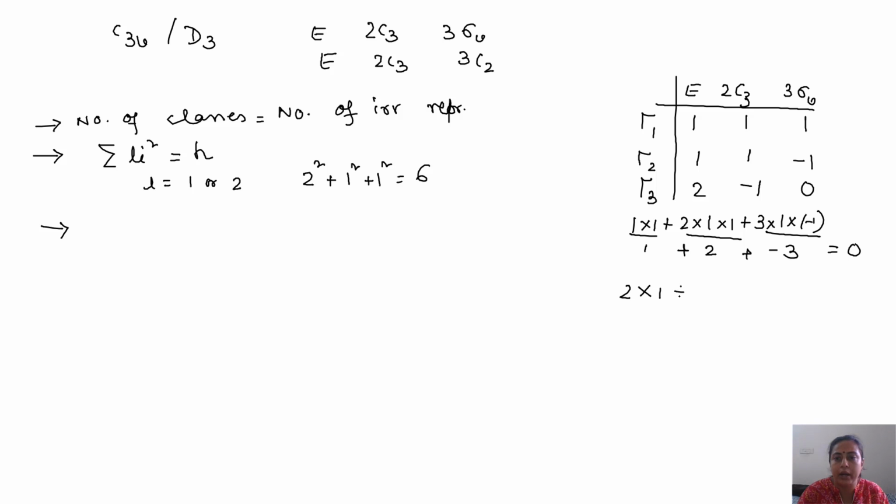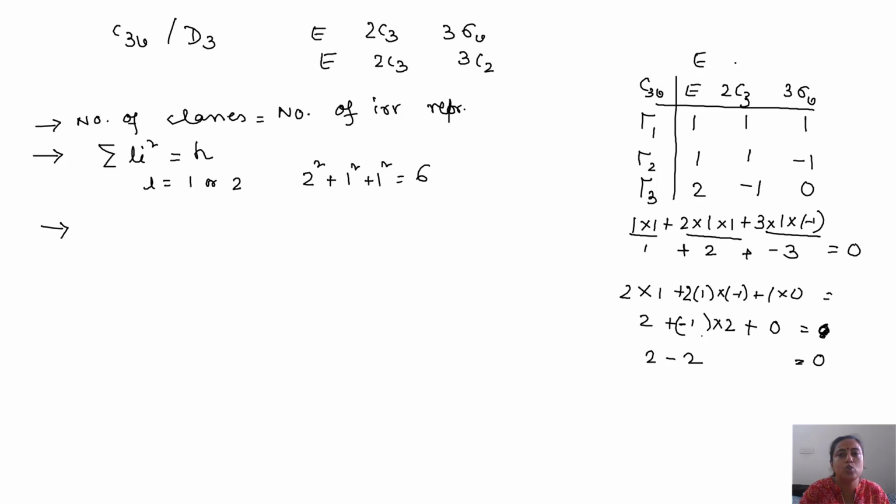So 2 into 1 plus 1 into minus 1 plus 1 into 0 is going to be 2, plus 1 into minus 1 is minus 1, again multiplied by 2, so minus 2, plus 0. So 2 minus 2 is going to be 0. So we have no other option. We have to put 2 and then minus 1 and then 0 to complete the character table of the C3V.